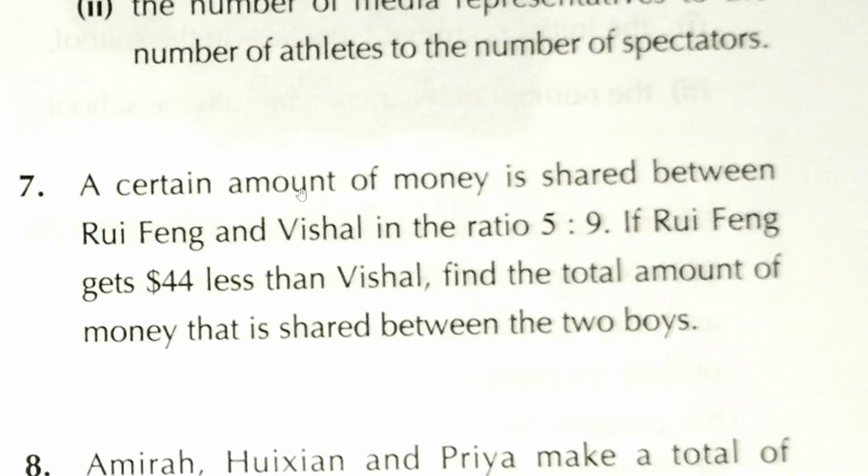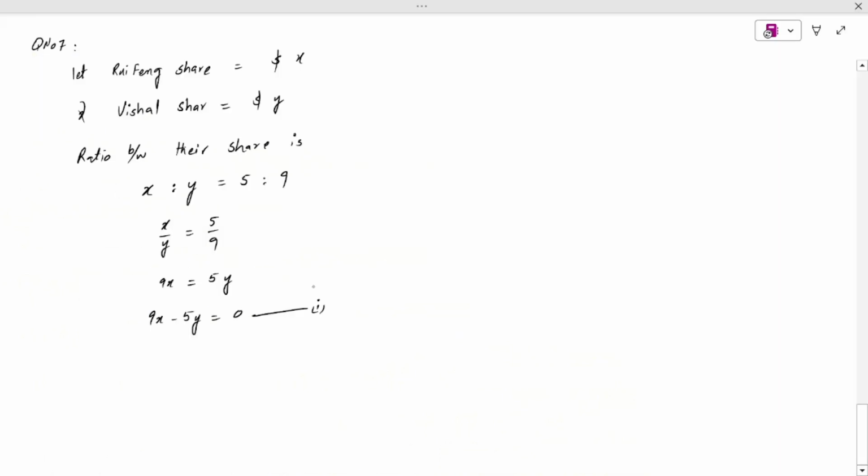Now, another piece of information given here is that Ruifeng gets $44 less than Vishal. We write this as: the amount shared by Ruifeng is X dollars, and Ruifeng gets $44 less than Vishal. We subtract 44 from Vishal's share to get Ruifeng's share, so X equals Y minus 44. This becomes equation number 2. So we put the value of X from equation 2 in equation 1.